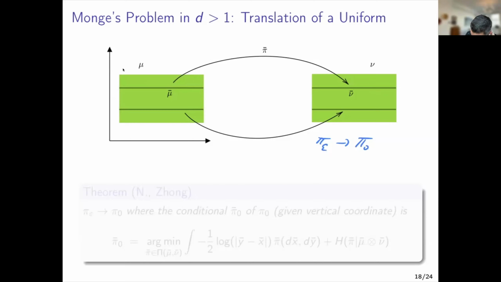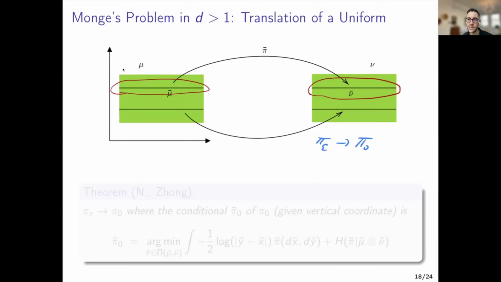What is the limit of pi epsilon, some pi zero that hopefully exists? Given what we have done before, the most spread out thing that you can do is exactly what we did before. You take the measure on this ray and couple it in a product measure way with this other measure on the ray, namely mu bar times nu bar on every ray. And according to this disintegration story, I can reverse the process.